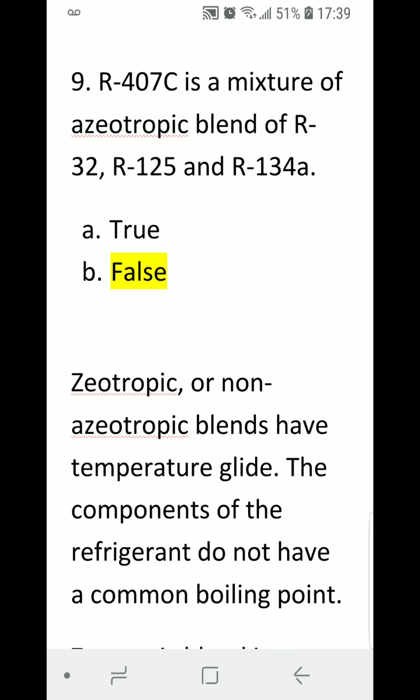So R407C is zeotropic. Zeotropic or non-azeotropic blends have temperature glide. The components of the refrigerant do not have a common boiling point.